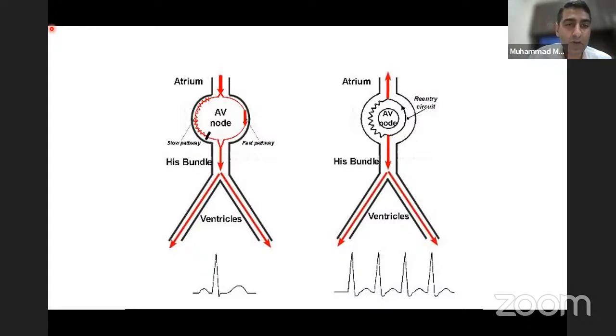As for amiodarone, most of the pediatric electrophysiology society is very much against using amiodarone in neonates and infants as well. The reason is that amiodarone is a very toxic drug.